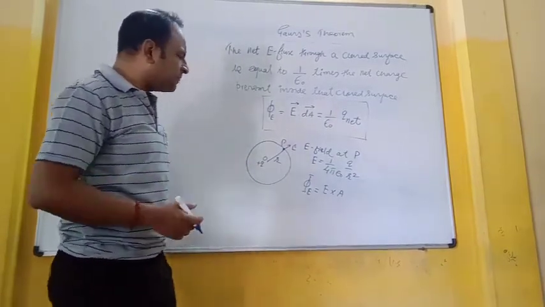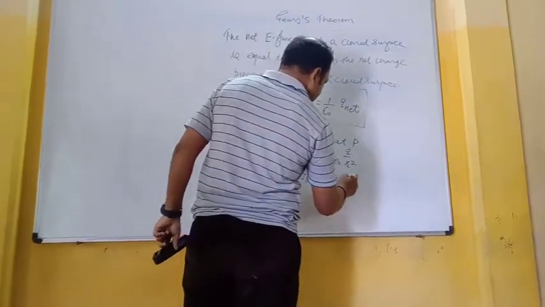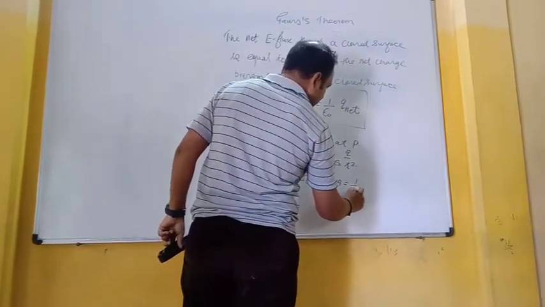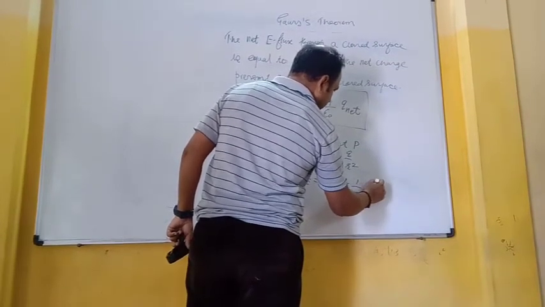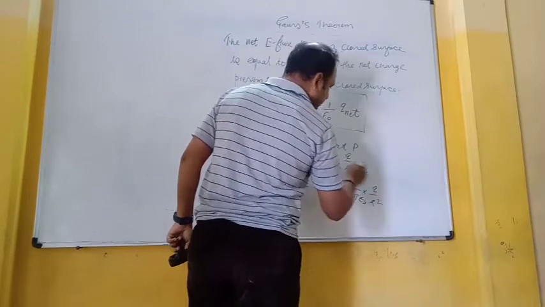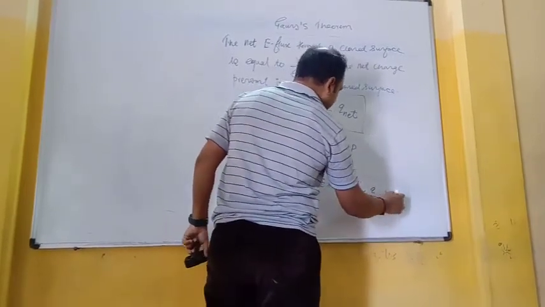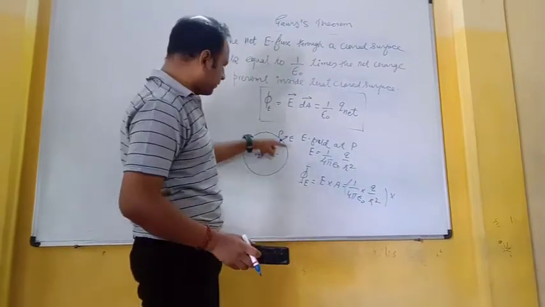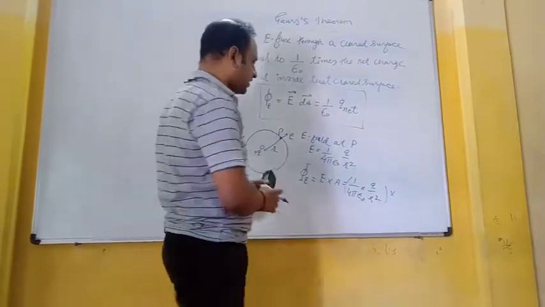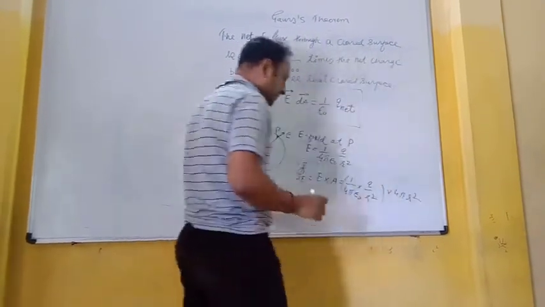Now when I keep the value of E and A here, since E is equal to 1 upon 4 pi epsilon 0 into Q divided by R square, this is the electric field, and if I multiply it by the area, because phi E is equal to E into A, what is the area of this whole sphere? It is 4 pi R square.